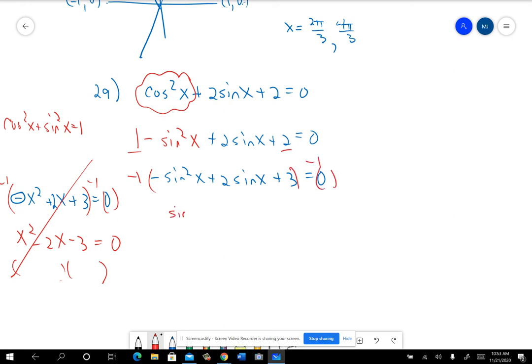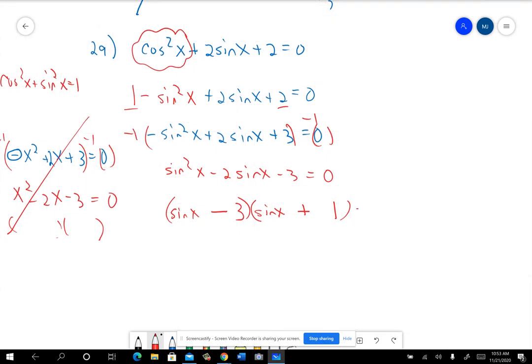So this would be sine squared x minus 2 sine x minus 3 equals 0. If I change it to that, it's a little easier for me to factor. So I know I'd have a sine x here and a sine x there. I'd have to have a 3 and a 1, and the 3 would need to be negative. Make sure you got your factoring correct, and then just set each factor equal to 0.